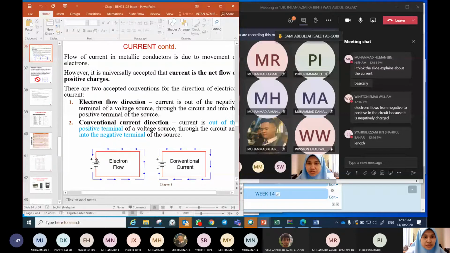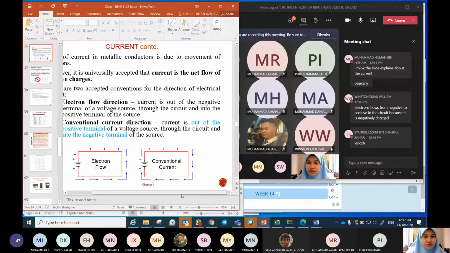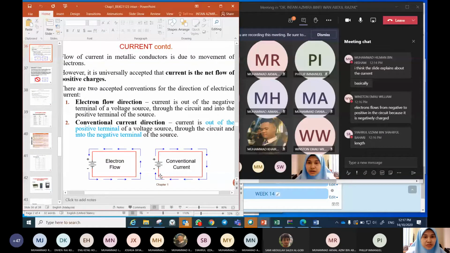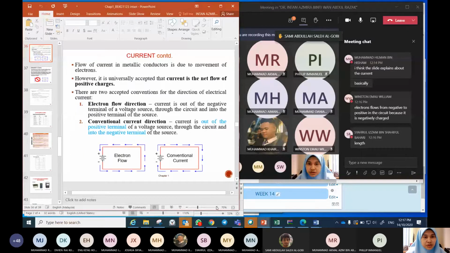The conventional current direction is current flowing from positive to the negative of the voltage source. Current flows from the positive and goes back to the negative terminal of the voltage source. So number one is in terms of electron, number two is in terms of current direction.